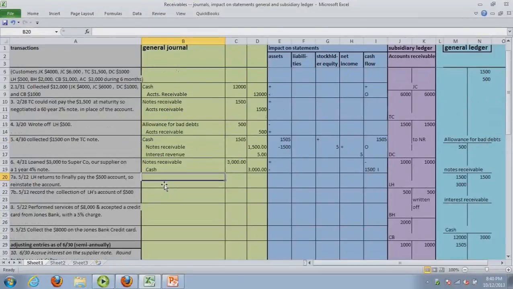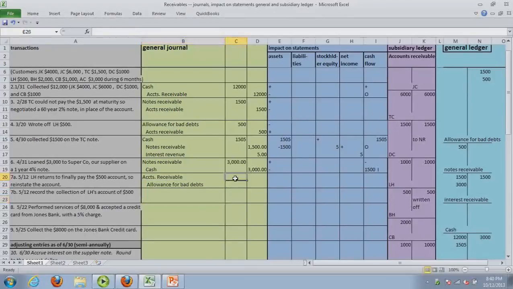So what you basically do is reverse the write-off. If you look at the write-off up here, we debited the allowance, credited accounts receivable. So now we're going to flip it. And we're going to debit accounts receivable to put me back into the subsidiary ledger. The only way to do this is to do it in the journals first.